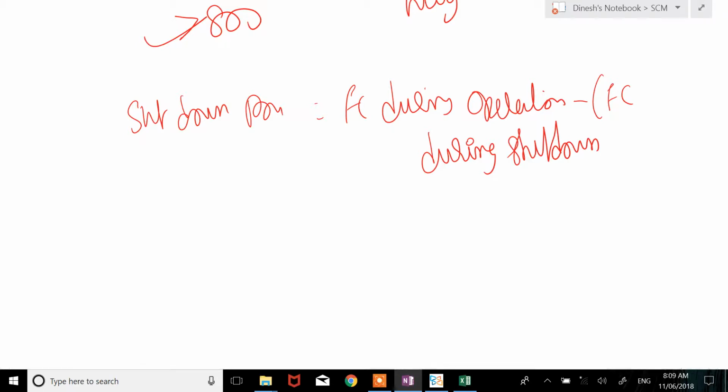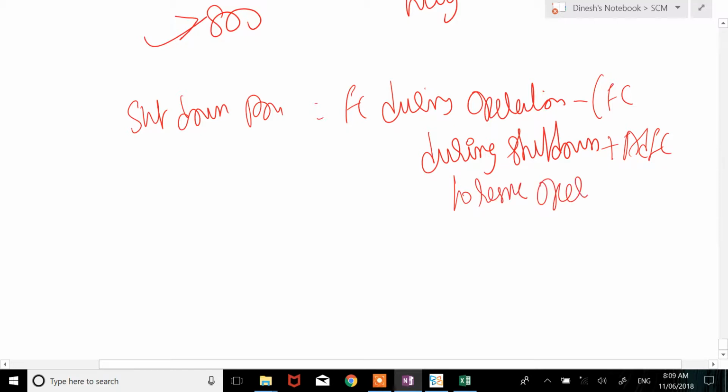So 5 lakh is during operation, 2 lakh is during shutdown, plus additional fixed cost to resume operation. I'll shut it down, but when I have to start it back, I'll have to incur some cost. So in simple words, in shutdown analysis, yes means what you incur, no means what you incur.